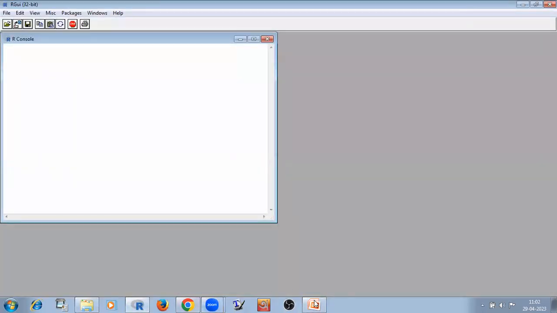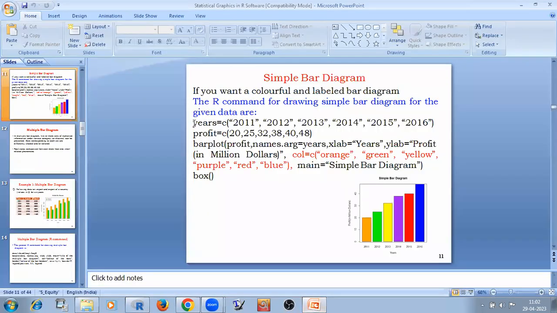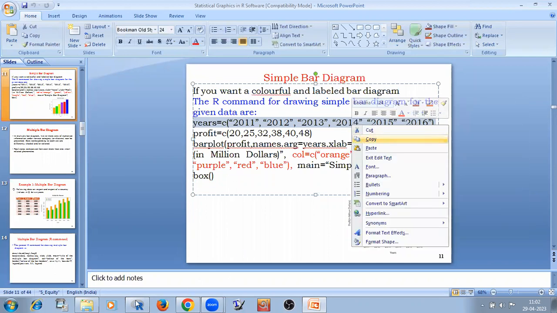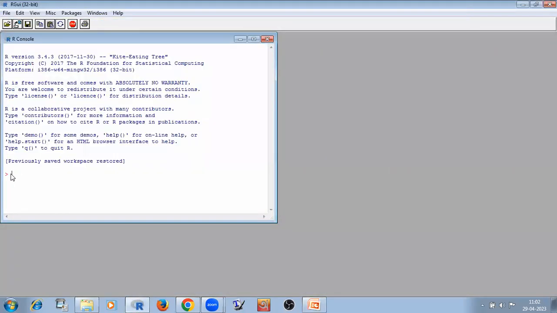I'm going to copy these years. Just I'm going to show you. This will come as an error, unexpected input in years. That means you use the up arrow key and change this comma.